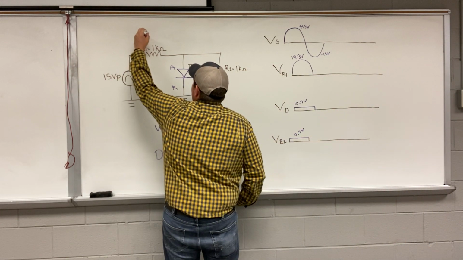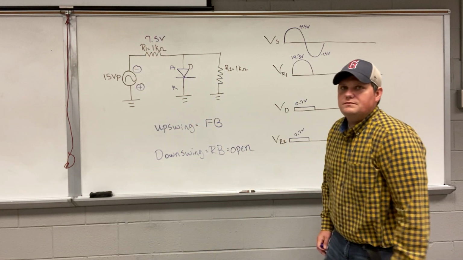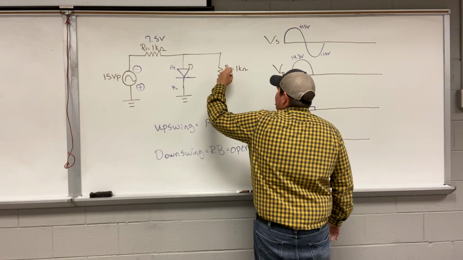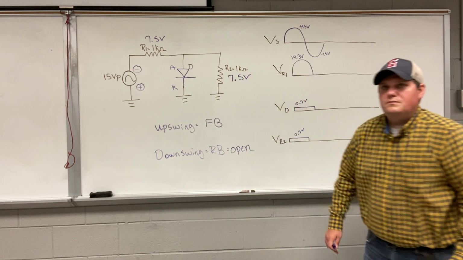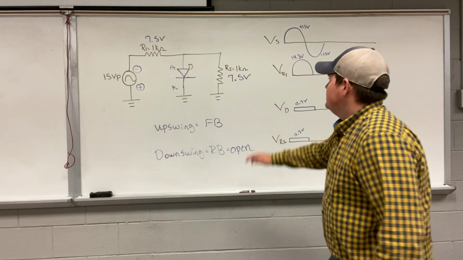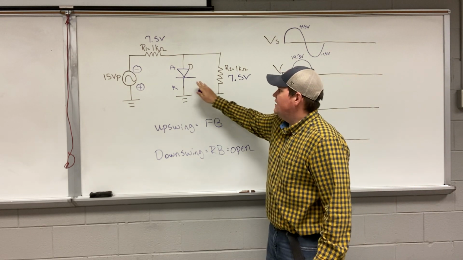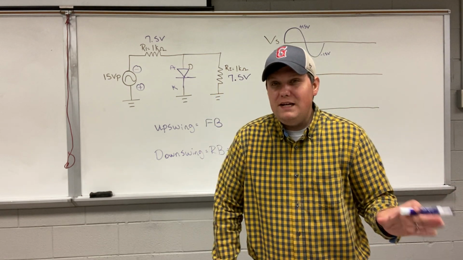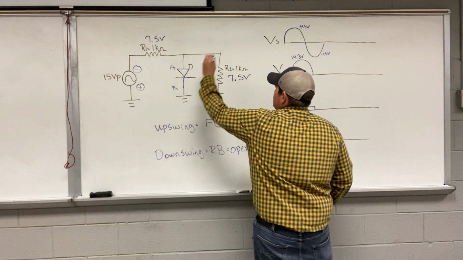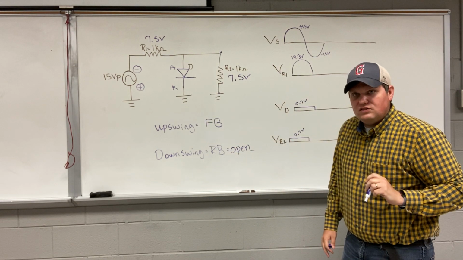So this is going to be 7.5 volts, and this is going to be 7.5 volts. If R2 is 7.5 volts, and the diode is open, if I took a meter and measured from here to here, I would read 7.5 volts.